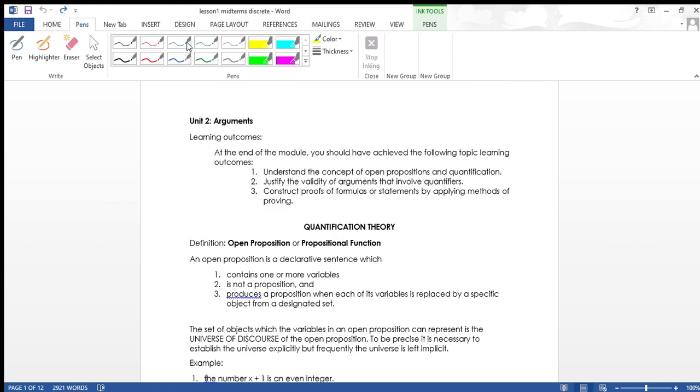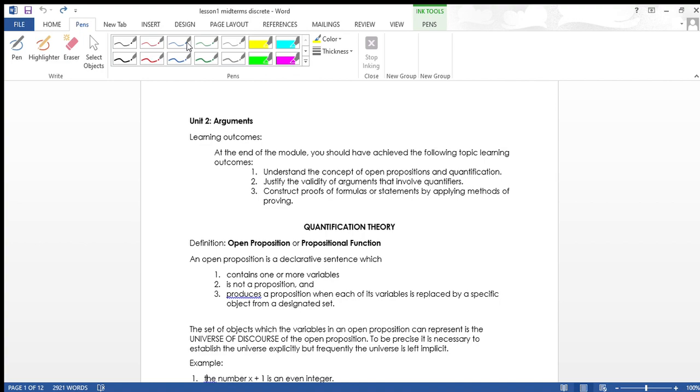The first is to understand the concept of open propositions and quantification. So you will find that in that learning outcome, we are now introducing open propositions, though we have already discussed propositions in the previous term. And we are also introducing here quantification.